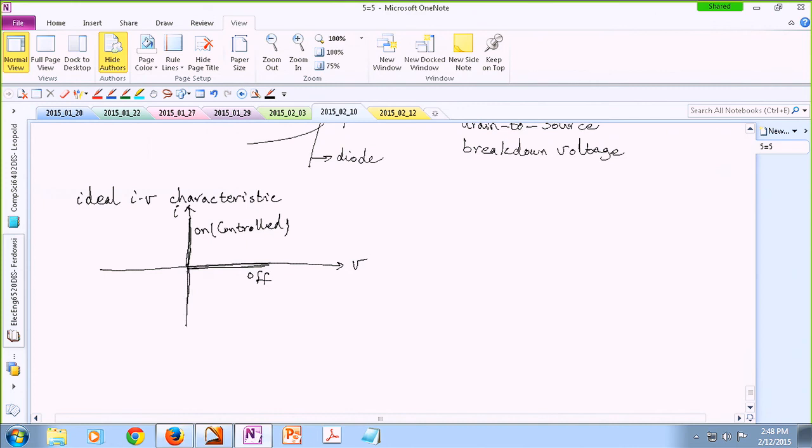And you can also conduct negative currents in your device. And this one could be uncontrolled, meaning that you have not applied any gate signal to the device, it is off, and the negative current that is passing through the device is because of the diode.